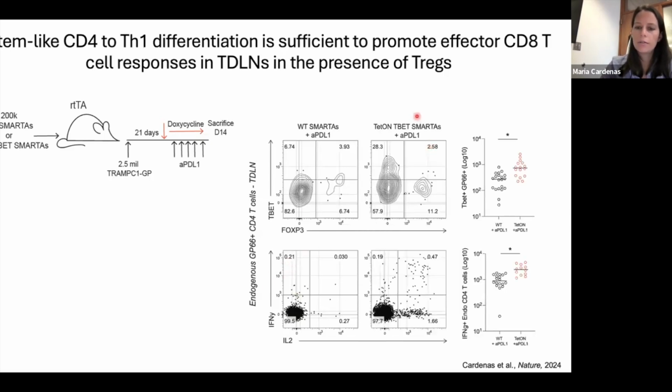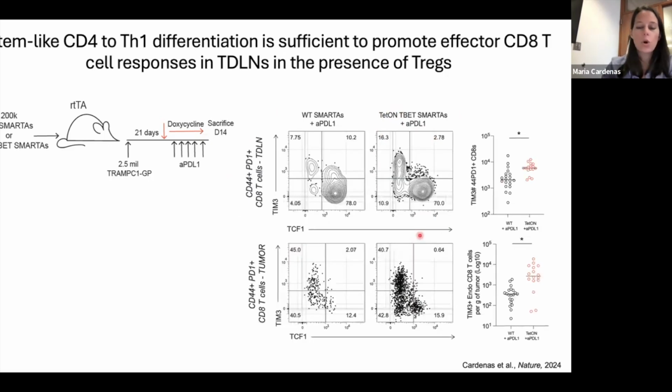But in the presence of TET-on TBET SMARTAs, now the endogenous population is also coming along, and it's also undergoing Th1 differentiation within the draining lymph node and starting to produce a lot more interferon gamma and IL-2 within this tissue. This was also true within the CD8 T cell response, right? We're changing the CD4s. Now, if we look at the antigen-specific CD8s, we're also getting effector differentiation of these CD8 T cells within the draining lymph node, which translates to more effector cells within the tumor itself.